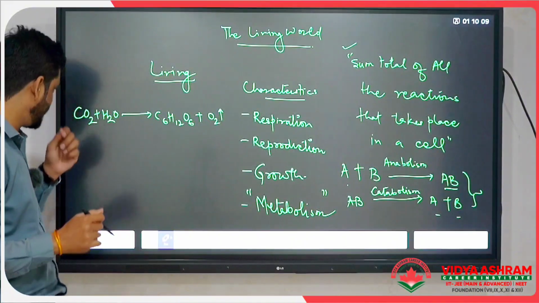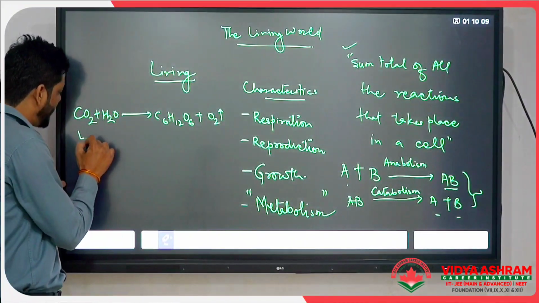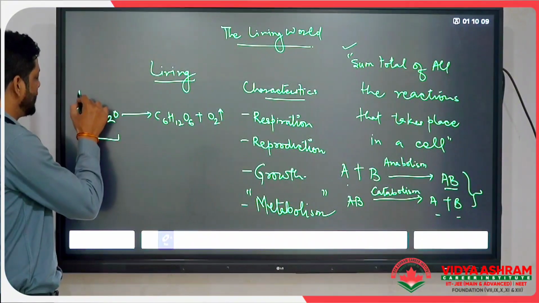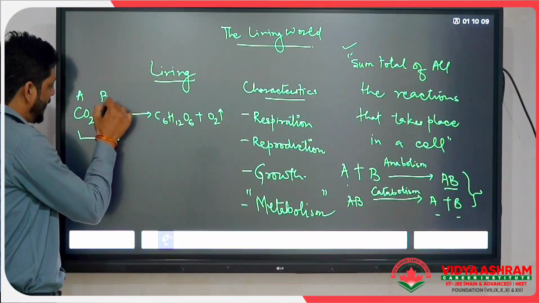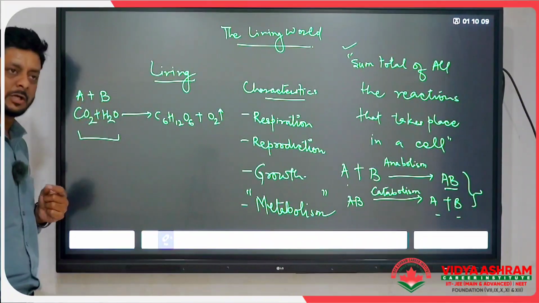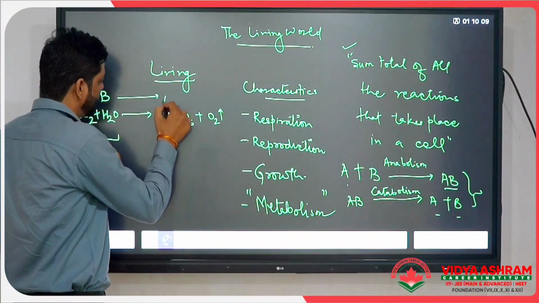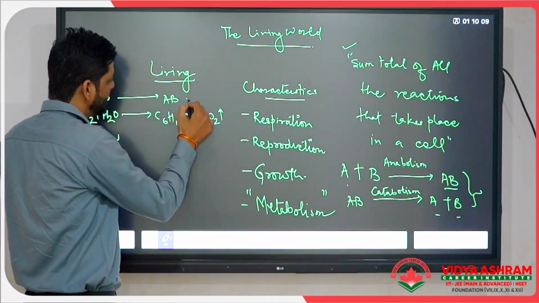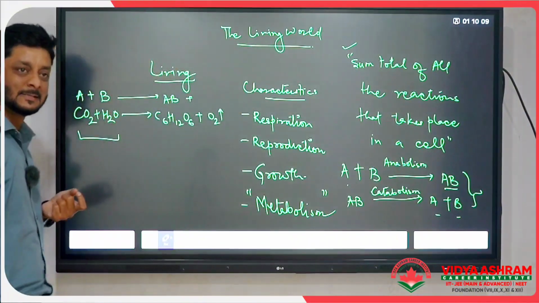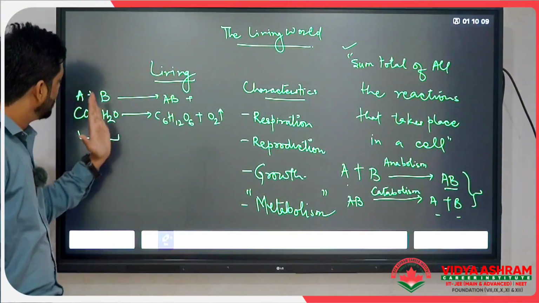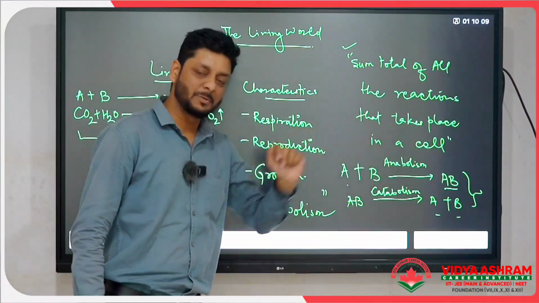So what is happening here? CO2 and H2O. The CO2 is a smaller molecule, and water is a small molecule. These two smaller molecules combine with each other and form a larger molecule with certain byproducts. So this is a reaction that is said to be an anabolic reaction.